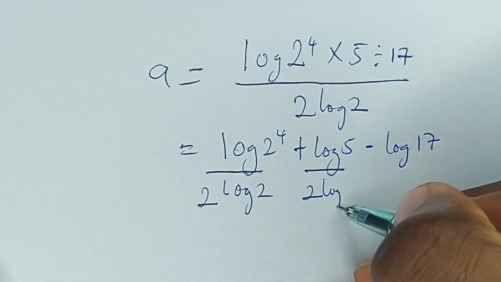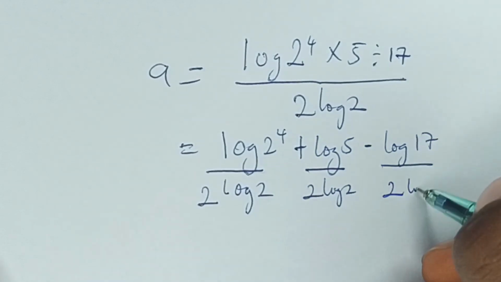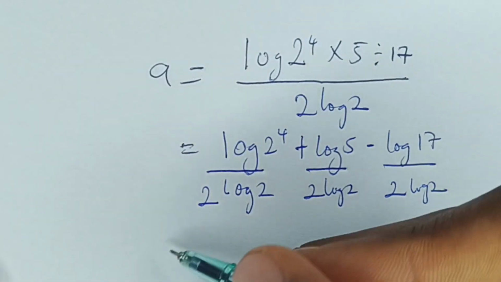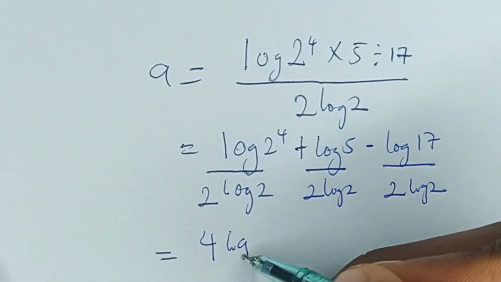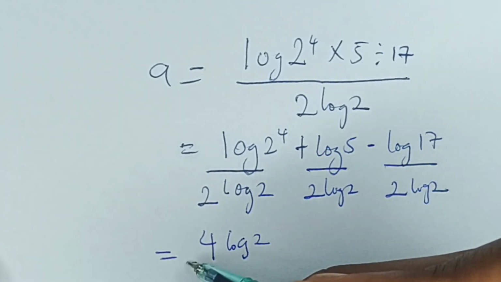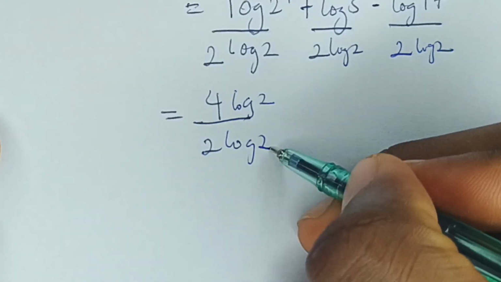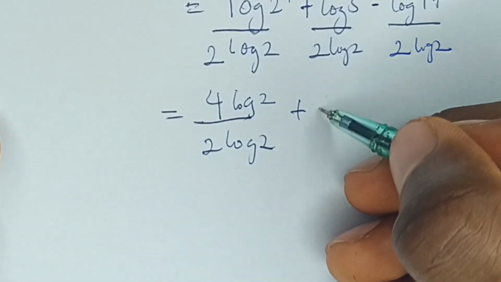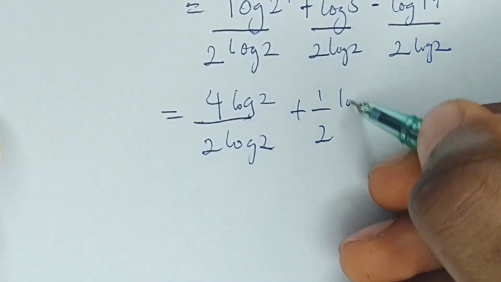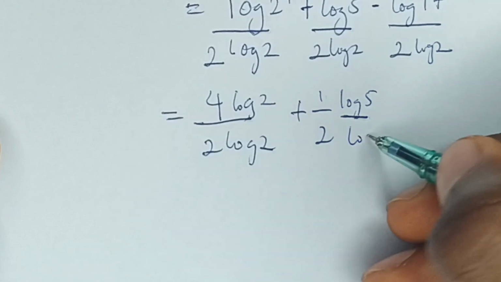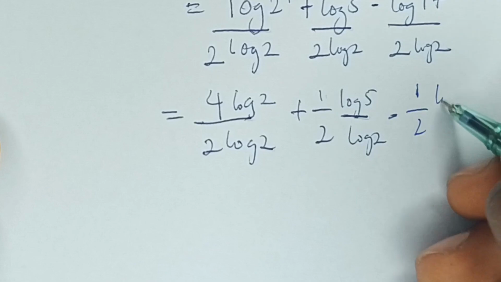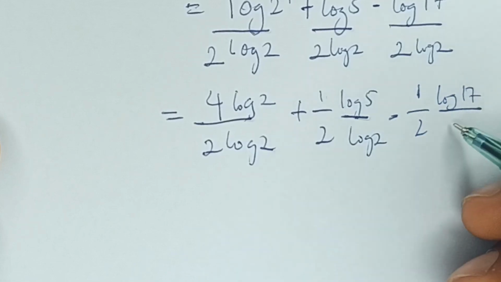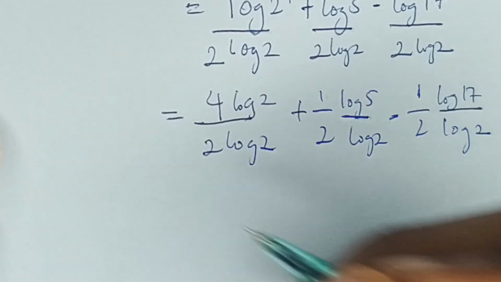So log of 2 raised to power 4 can be written as 4 times log of 2, all over 2 times log of 2, to be equal to 1 over 2 times log of 5 over log of 2 minus 1 over 2 times log of 17 over log of 2.